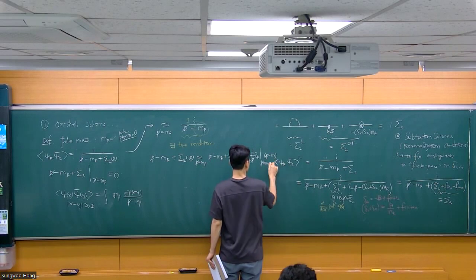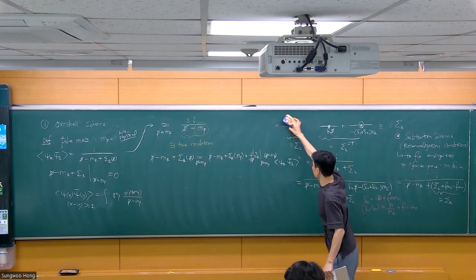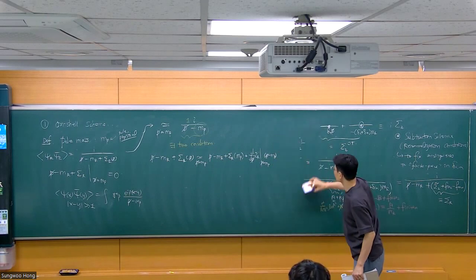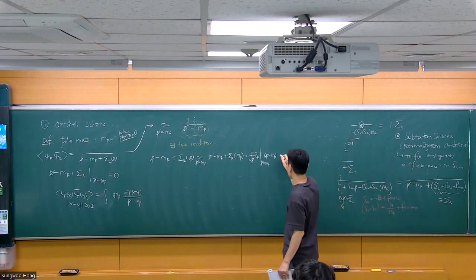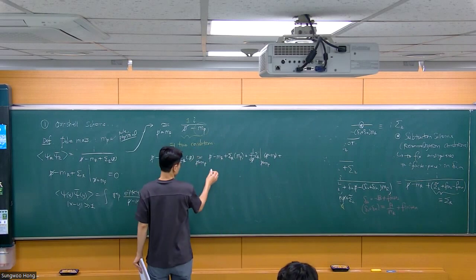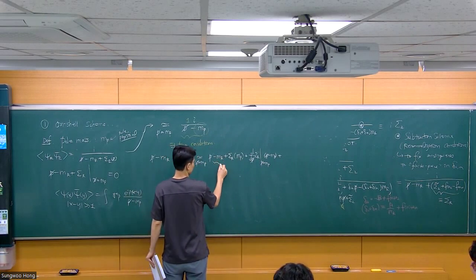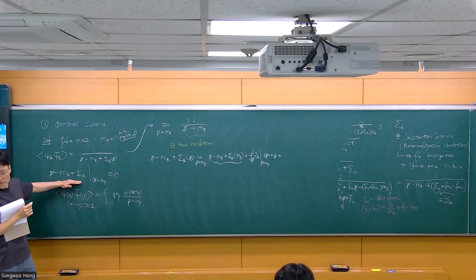This is the first non-trivial order in the Taylor expansion, and then we can have higher order. But guess what? This combination right here is exactly the definition of the pole mass.